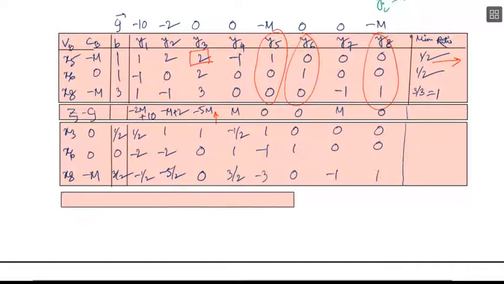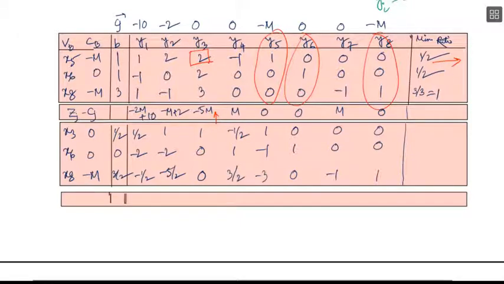Again we calculate zj minus cj as earlier. It is m by 2 plus 10. It is 5m by 2 plus 2.